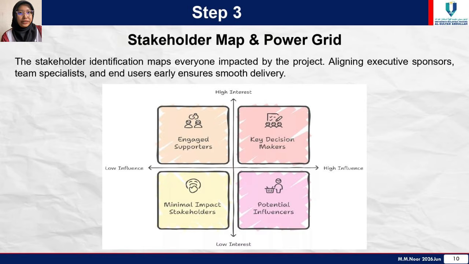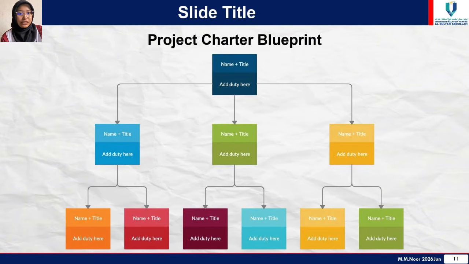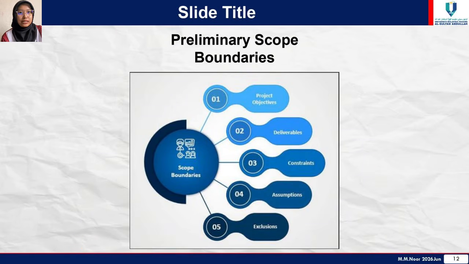The power grid or the stakeholder map shows how the impact for the project is, in high interest or low interest, or low influence and high influence. In project management for the initiation, we can also find the project charter blueprint, and also a preliminary scope boundary that we need to follow from 1 until 5.